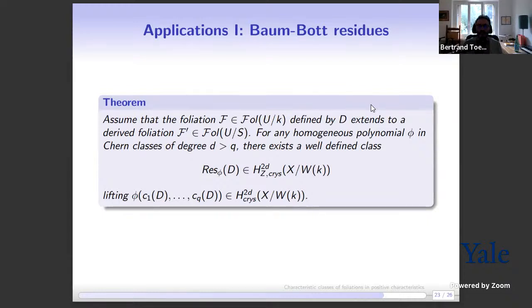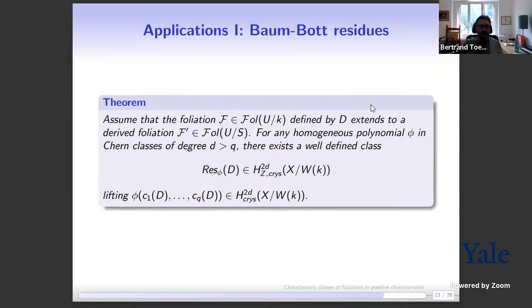So there is a canonical well-defined class, a cohomology class with supports in Z. It lives in crystalline cohomology with coefficients in WK, and if I send it to the cohomology of X, I find this polynomial. If Z is empty, meaning there are no singularities, I do get the vanishing results. If Z is not empty, it's this generalization by Bohm and Bott, the existence of residues. This class is called the residue of the foliation.